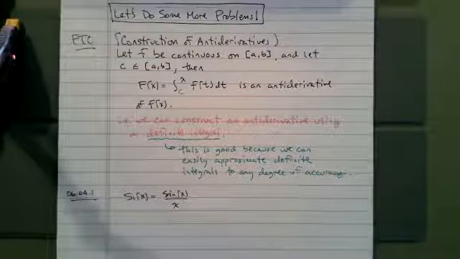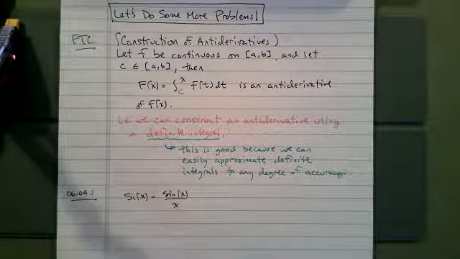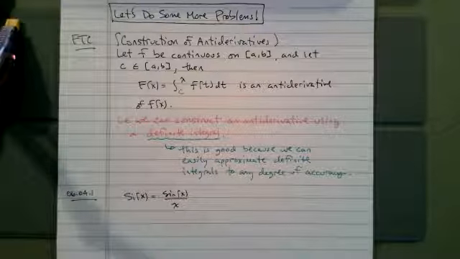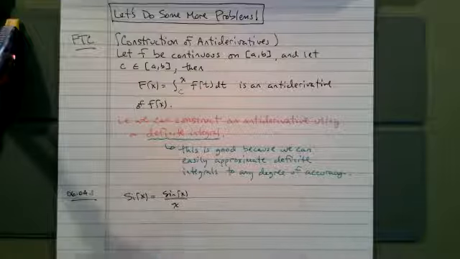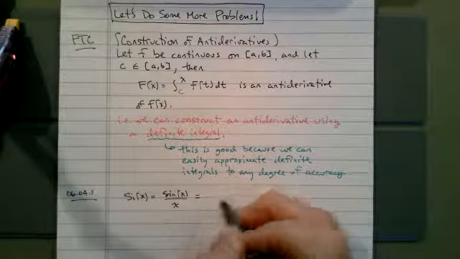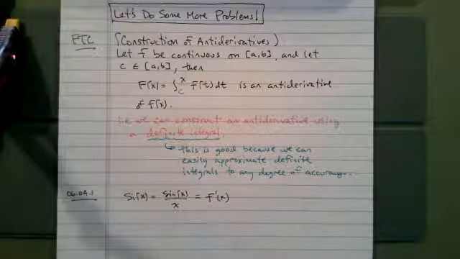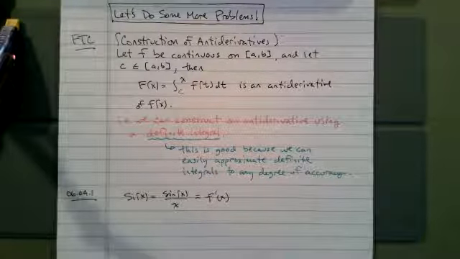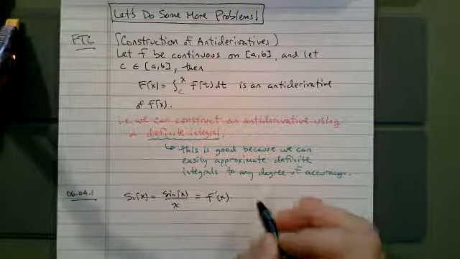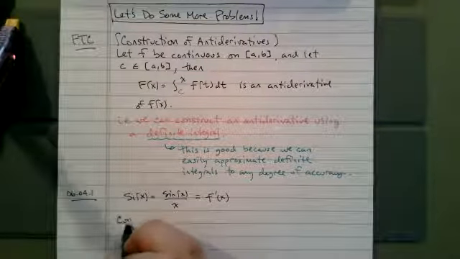So as in problem 1, we're saying this is f prime of x, and we want to construct an antiderivative.